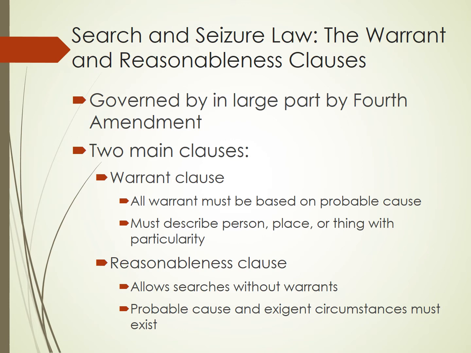For example, if you are pursuing a felon and you've seen them commit the felony, it's unreasonable to have to go away from that pursuit, go get a judge to sign a warrant, and then come back and hope your suspect is going to be there. So you have to justify exigent circumstances. And there are examples of this the court has spelled out, but they tend to work on a case-by-case basis.